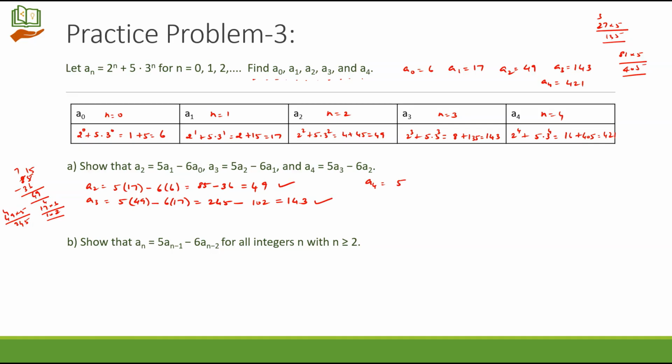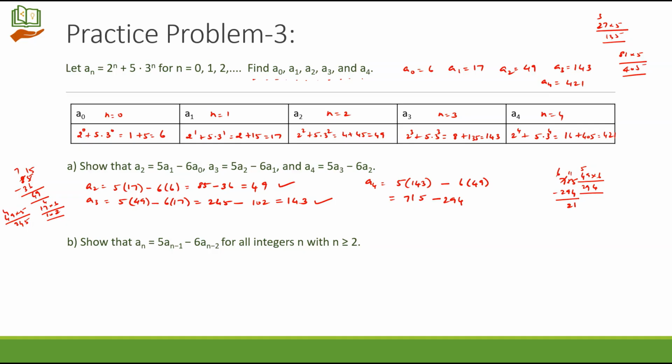What about A4? We have 5 A3. So 5 into 143 minus 6 into A2, which is 49. So this will be 715 minus what is 49 into 6? It is 294. 715 minus 294. 5 minus 4 is 1. 11 minus 9 is 2.